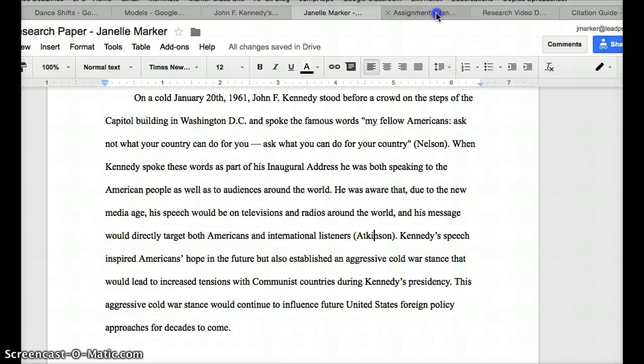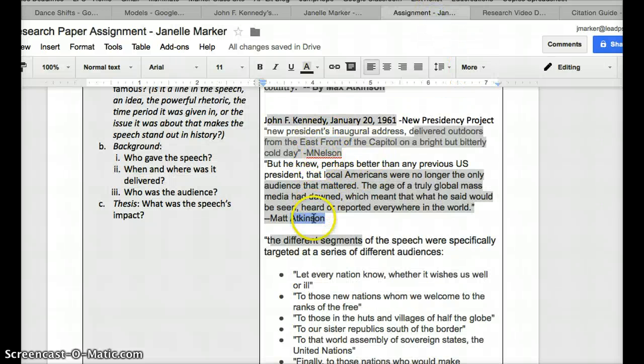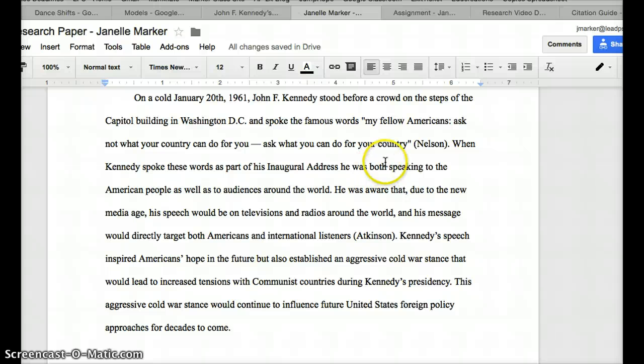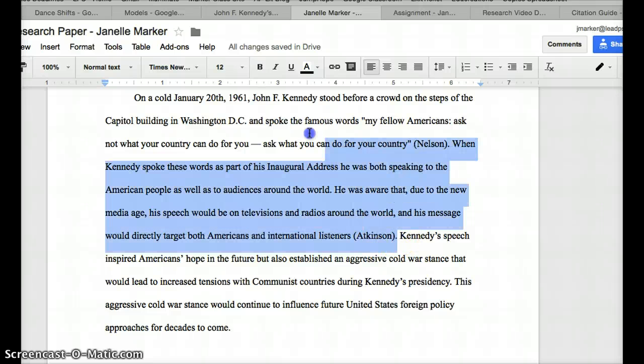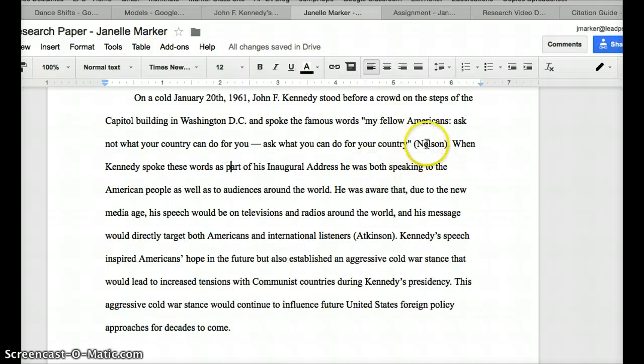Another thing: for a second there I got a little tripped up and thought Nelson was my source for both of these. If that comes up, you might wonder, could I put just Nelson down here and it would be understood that everything before was a Nelson source? That doesn't work in this case.